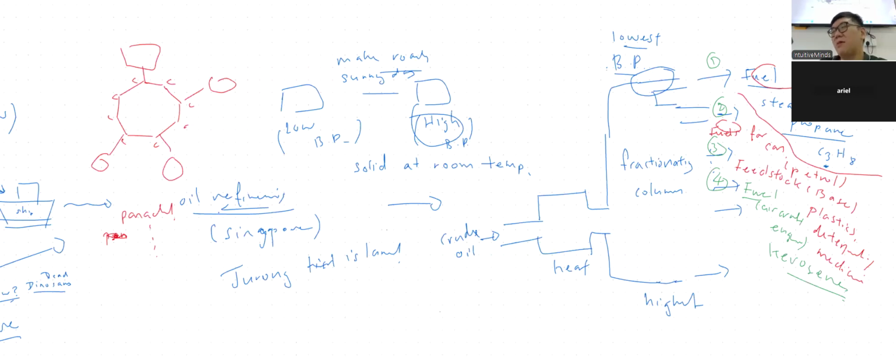They use kerosene to keep themselves warm at night, to cook, and to light up the place. Kerosene can also be used for aircraft as well. So yeah, that's about it.